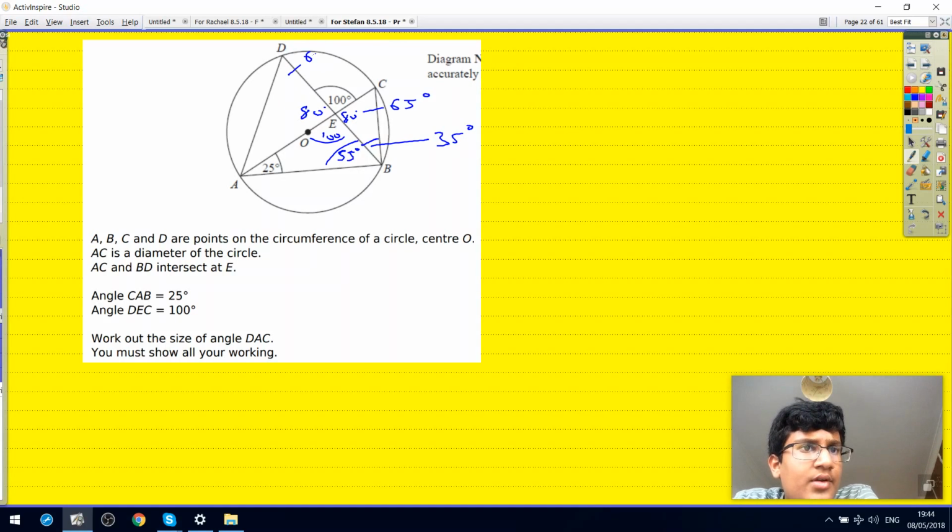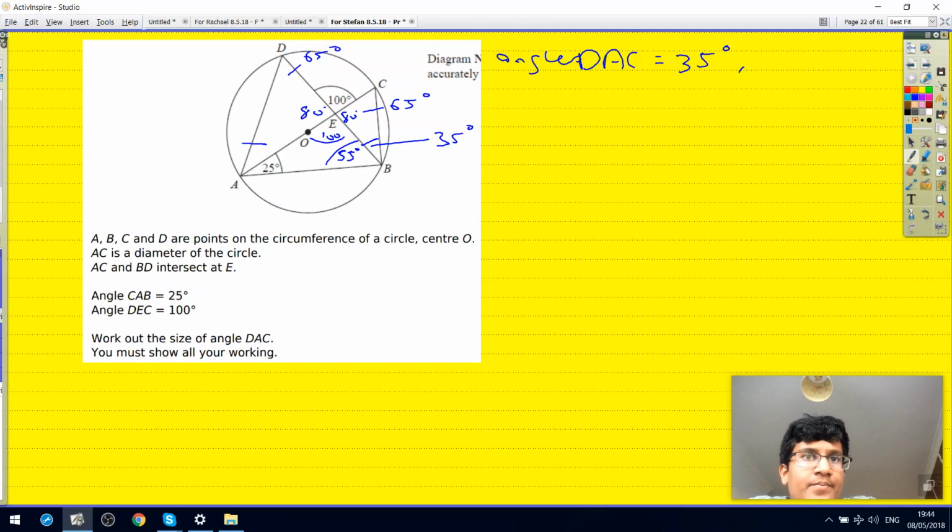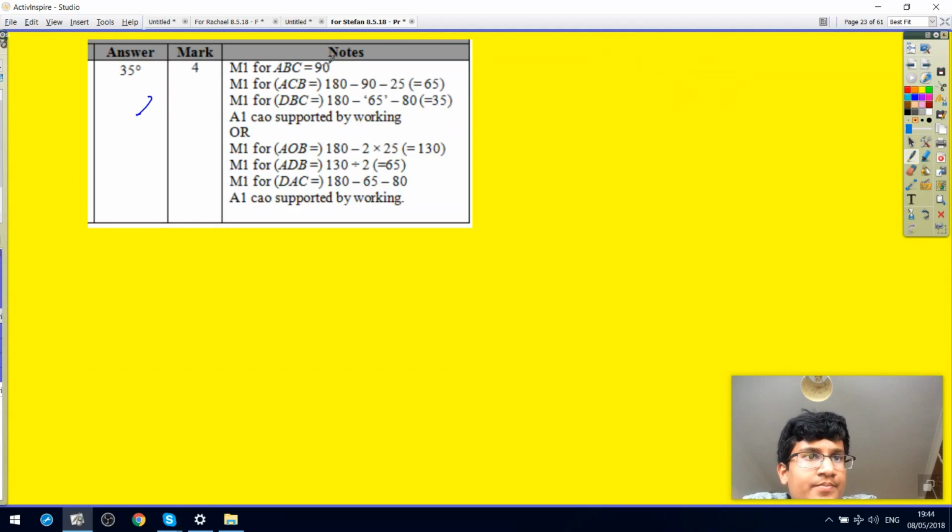And angle DAC would just be 180 minus 80 plus 65, which is 35 degrees. DAC equals 35 degrees.